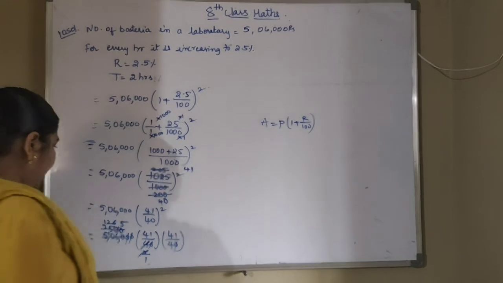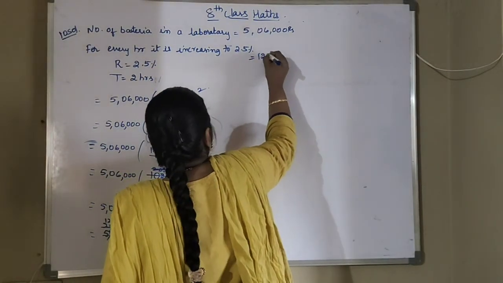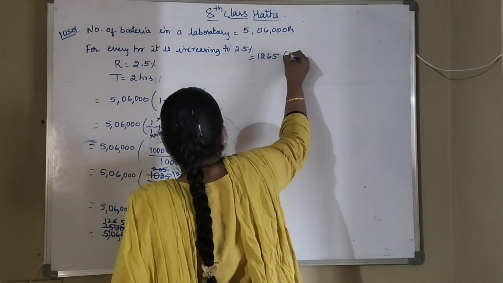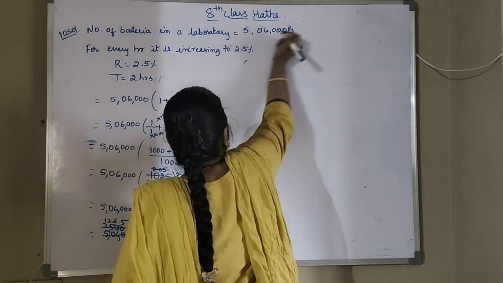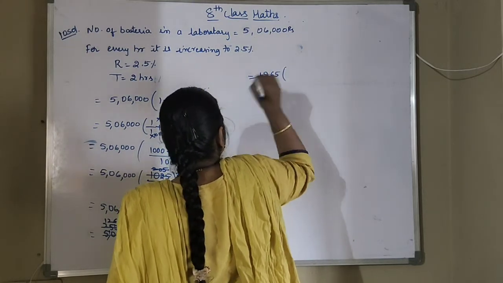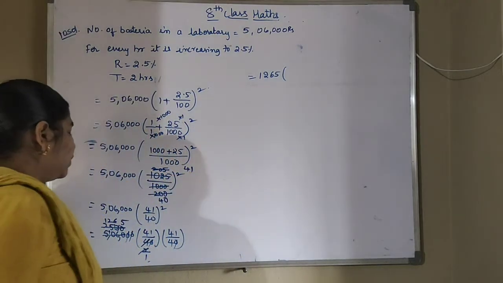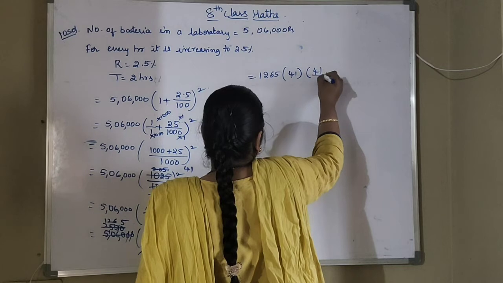So what is the remaining value? That is 1265 into 41 into 41, divided by 4.